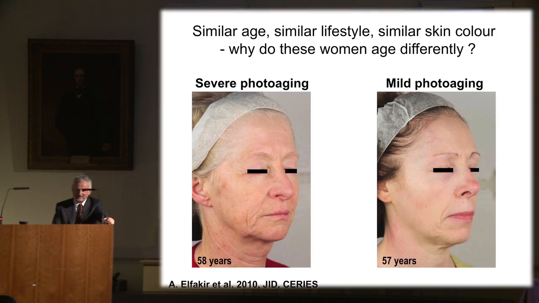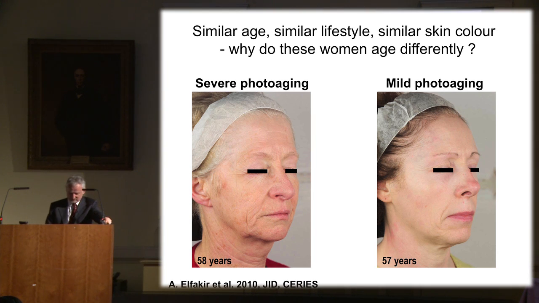The thing is, and I tell this to the ladies, and I tell this here, especially in Ireland, because it might be an advice which is helpful. This is from a study we published in 2010 in a scientific journal, and what you see here is these two ladies have the same age. They're controlled for confounding factors, same sun exposure, etc. One has pretty severe photoaging, as you can see here with pigment irregularities and wrinkles.